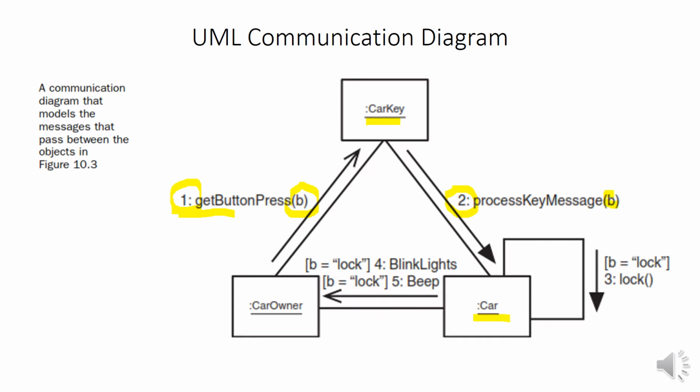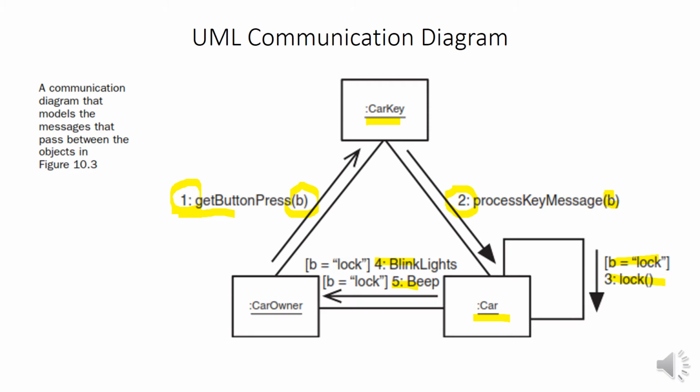Now this is the guard condition, B is equal to lock. The condition represented in the brackets is the guard condition. If the guard condition is true, the message will be lock. Then the fourth message will be blink lights, and the fifth message is beep.